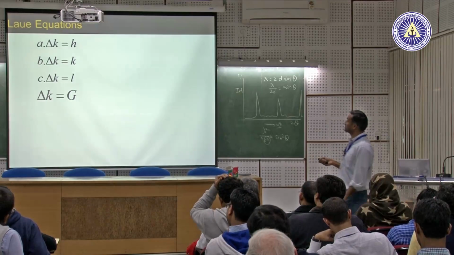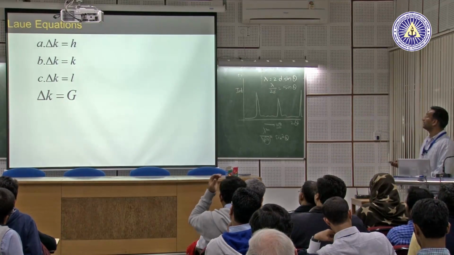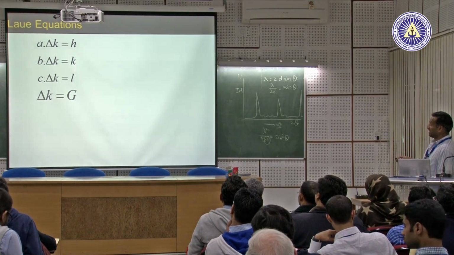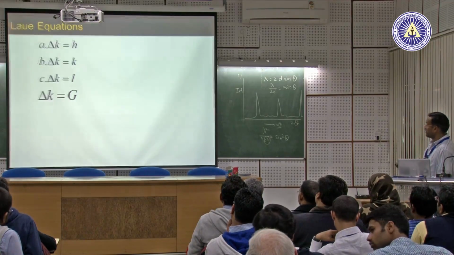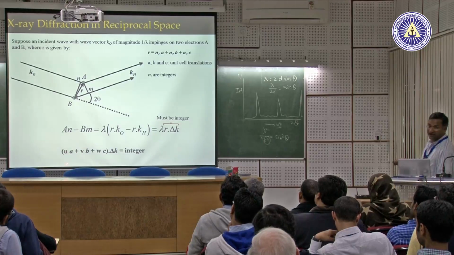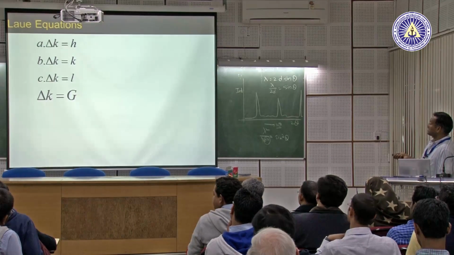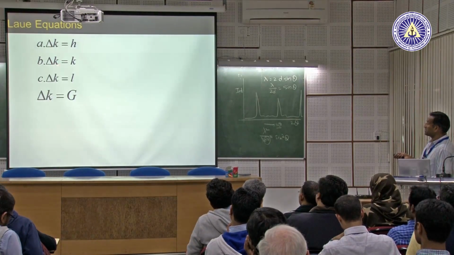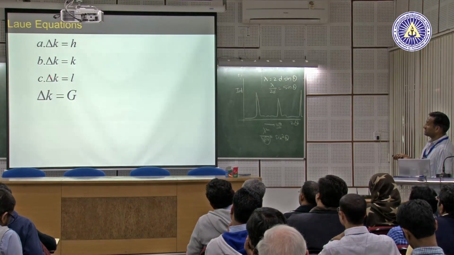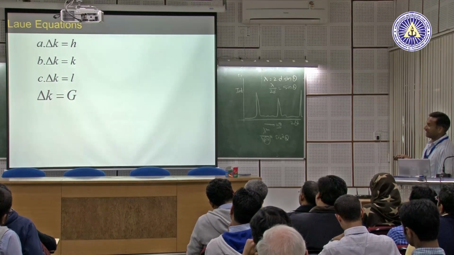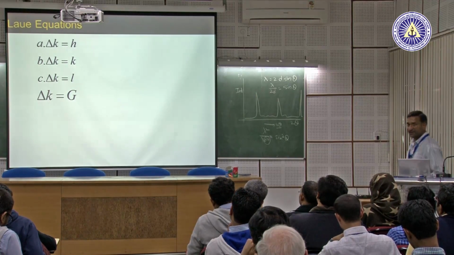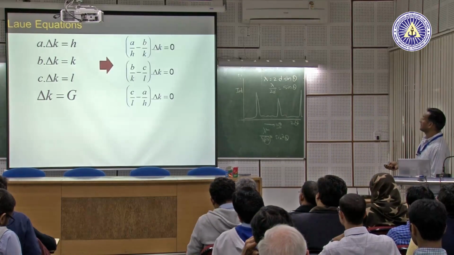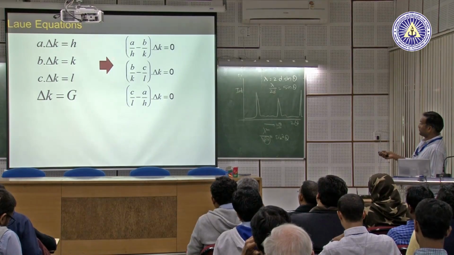And what it also means is that A dot delta k is equal to an integer h, and remember each of these is an integer as well, u, v, w. So as a result, A dot delta k is equal to h, B dot delta k is equal to k, and C dot delta k is equal to l. And this delta k is the reciprocal lattice vector G. So you can represent this from these equations.